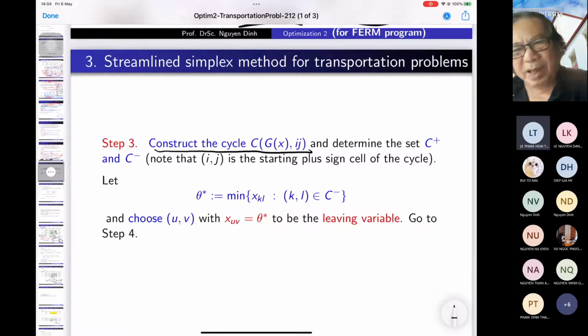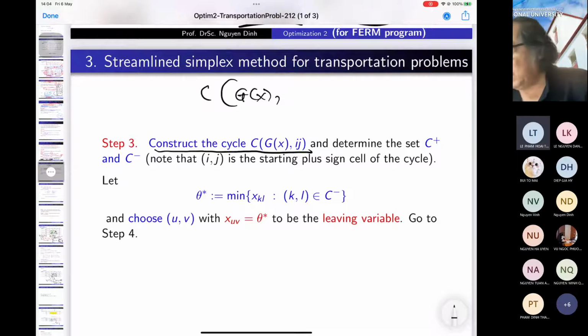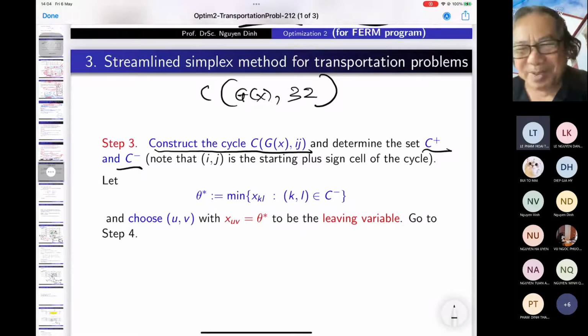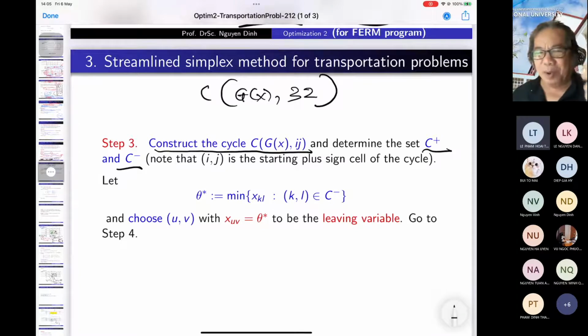That means in our example, that is cycle GX, 32. And determine the sets C plus and C minus. C plus is the set of all cells with the plus sign, and C minus is the set of cells with the minus sign.